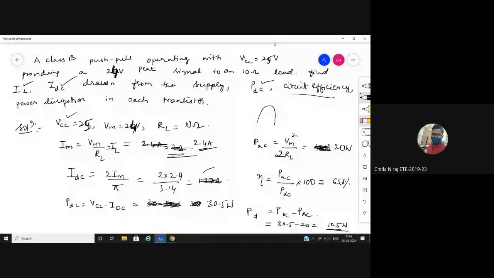So power dissipation in each transistor means this total power dissipation divided by 2. That will give you the power dissipation in each transistor. So 5.25 watt in each transistor. So this is about this particular problem.